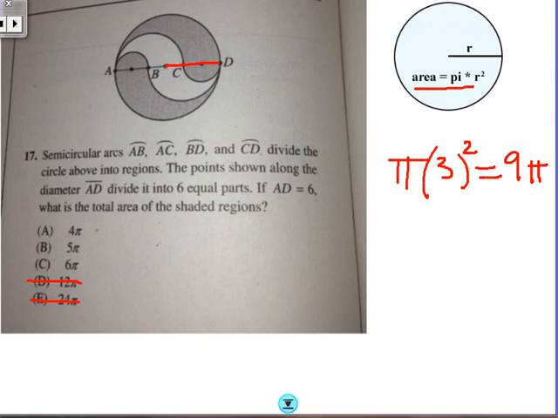Okay, next up, strategy. Usually in this type of problem we would subtract out the non-shaded area. Since the non-shaded area is a shape we're not sure how to deal with, what we're going to do next is think about this semicircle right here. We're going to treat this entire semicircle as if it was non-shaded, and we can subtract that out.